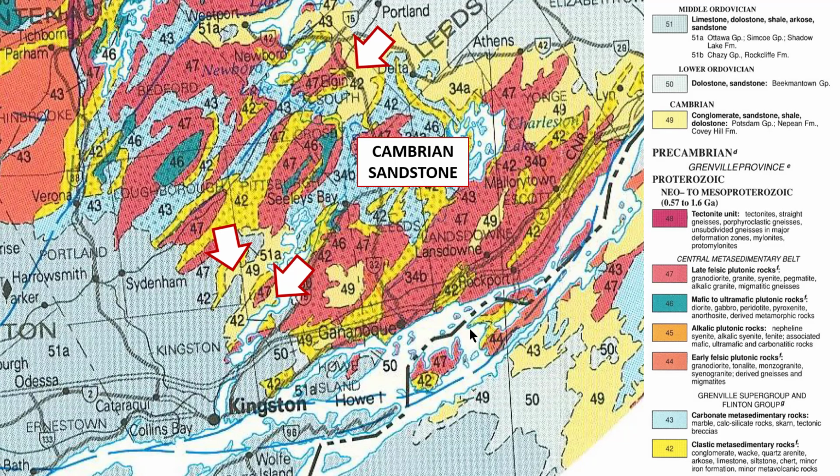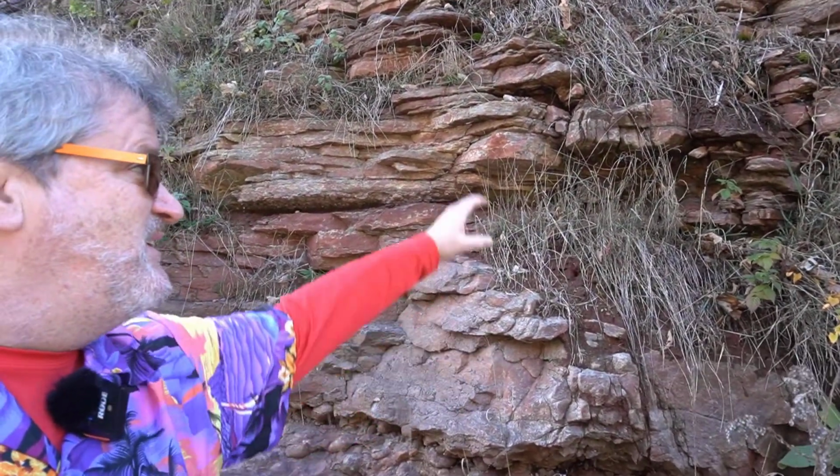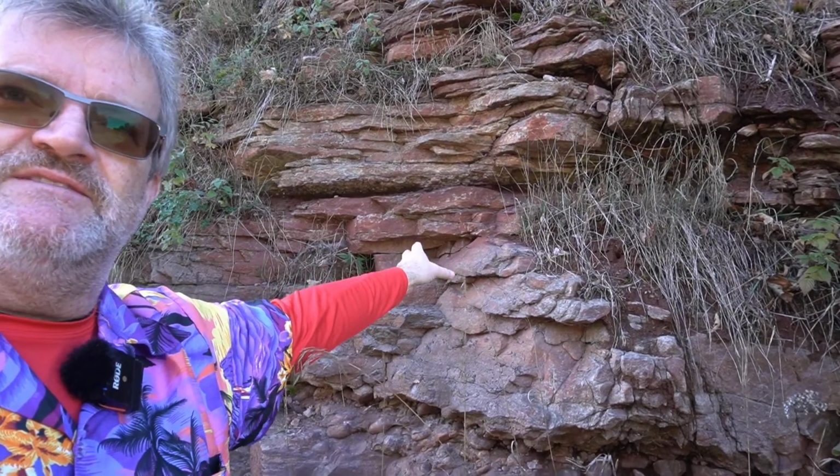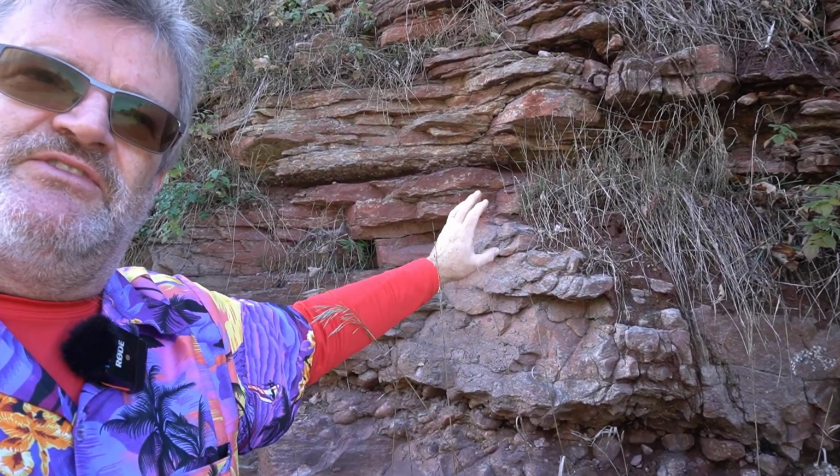Sitting on top of the Precambrian is the Cambrian sandstone, which is visible in a few areas just north of Kingston here, and we'll go visit those. So just behind me here, you can see some Cambrian sandstones. Now, just below my feet somewhere here is the Precambrian erosional surface.